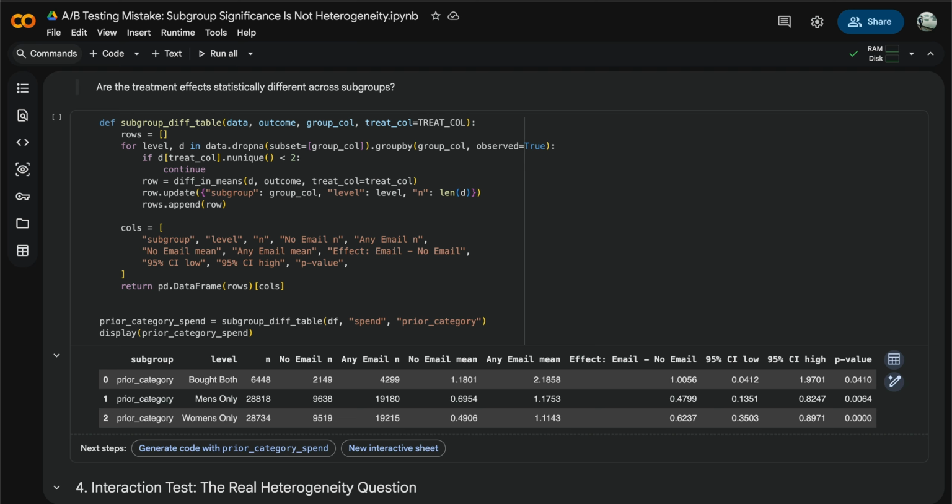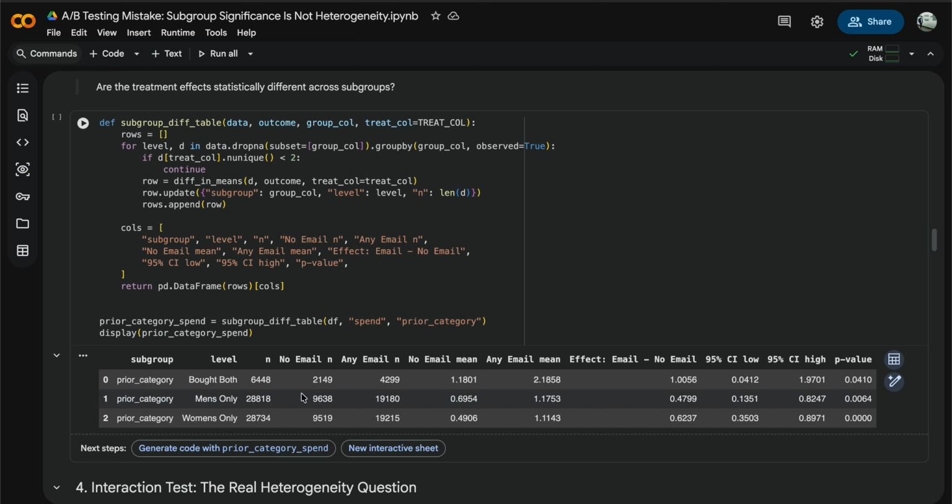Think about what I'm going to say in the next few seconds. If several subgroup effects are positive or statistically significant, it is tempting to say those groups respond differently. But that is not what this table proves.